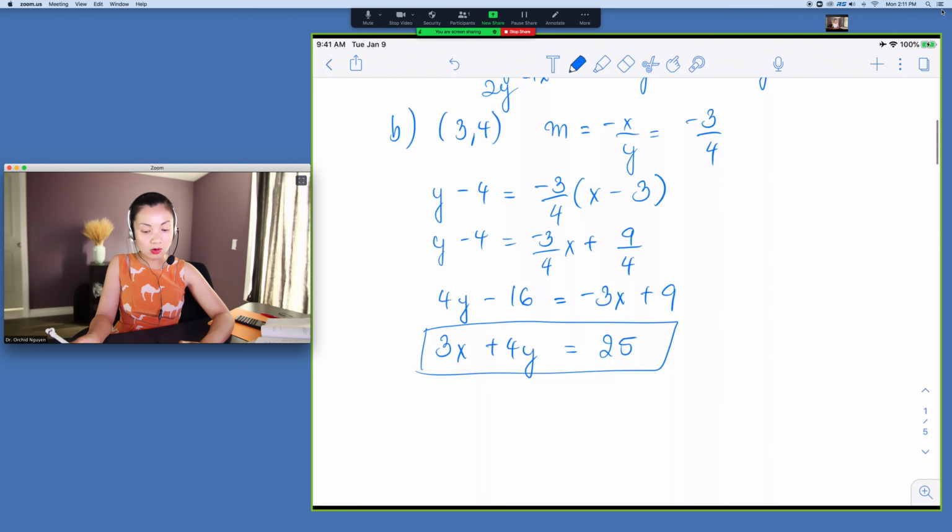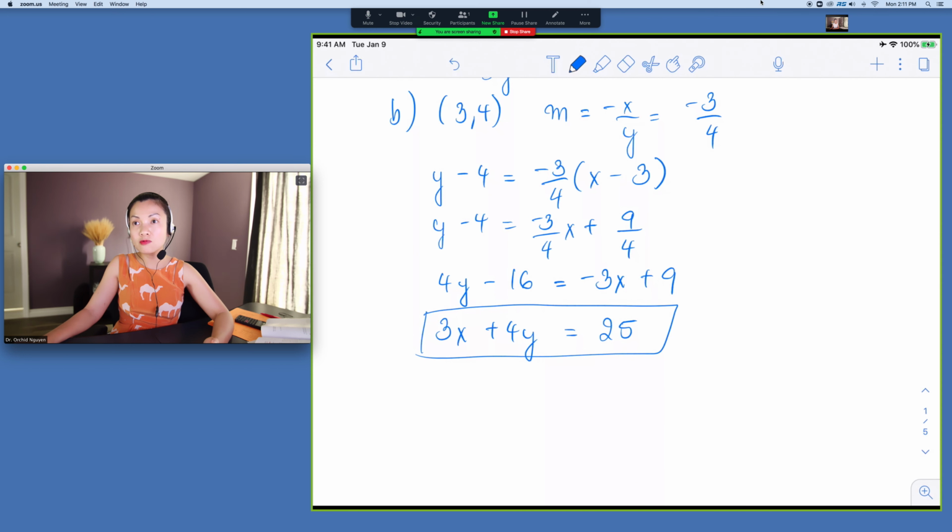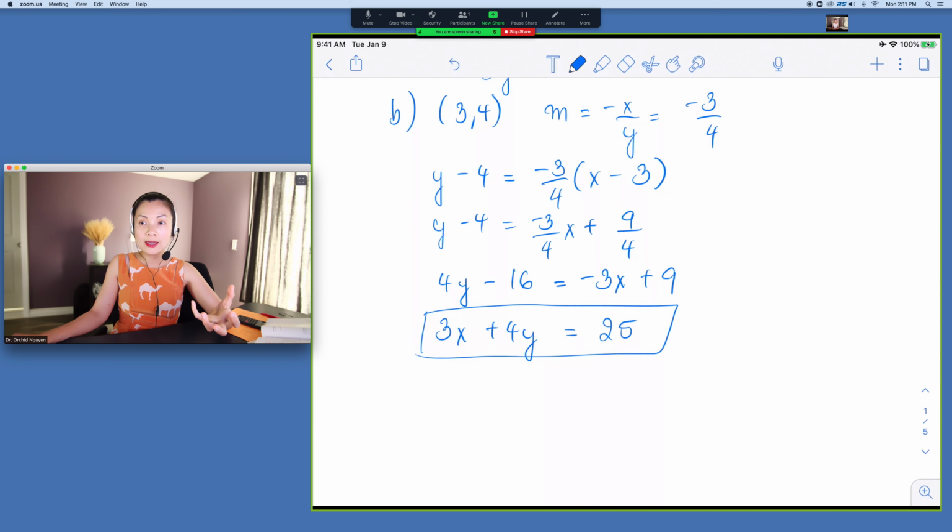Now, earlier I mentioned that if we don't want to do it implicitly, we can always try to solve for y, and then from there take the derivative.